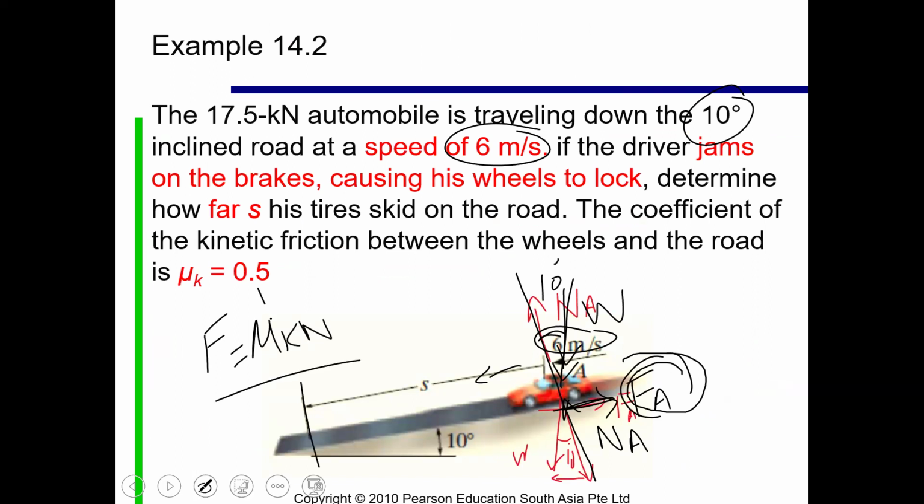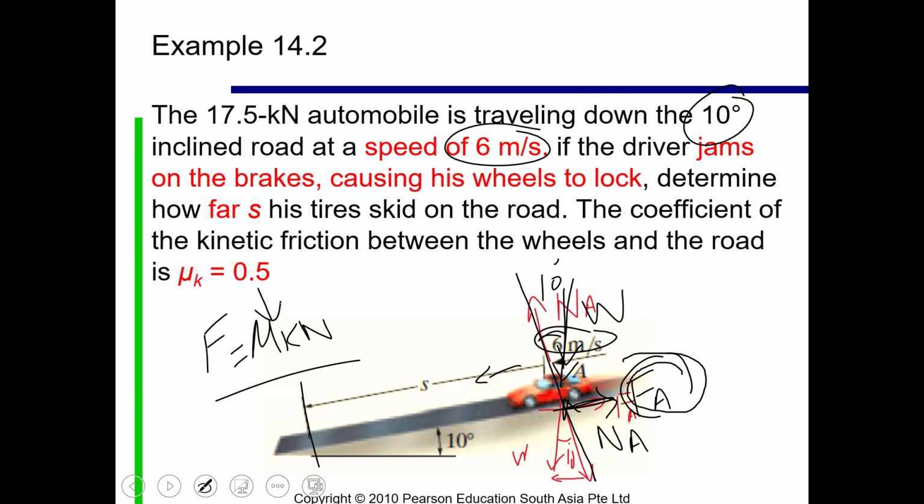I know the value of mu. Can I calculate N somehow? The normal reaction? Yes, students. If I know the value of N, I can calculate the friction force, and then things are easy for me in order to do the calculation.